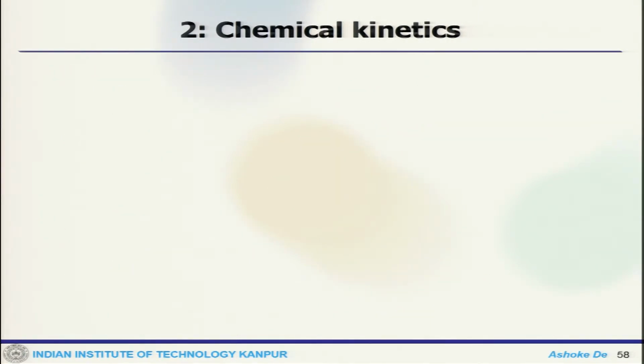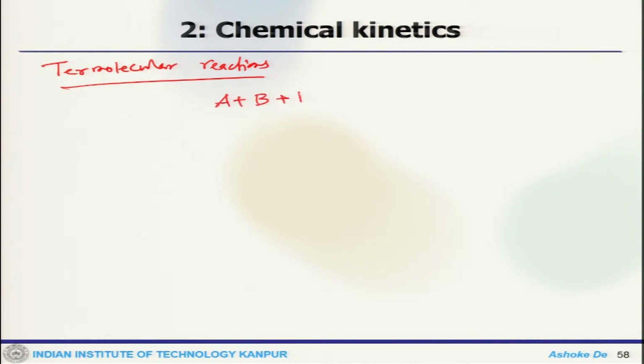Now, the last one is the trimolecular system. So, what happens to the trimolecular system? We have taken an example A plus B plus M goes to C plus M with rate constant K termolecular, which is what we have previously defined.